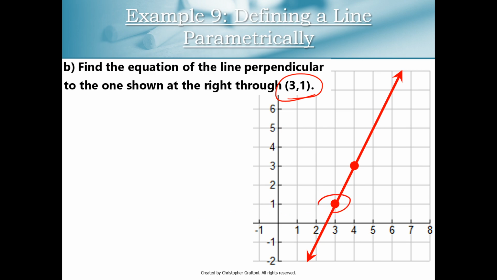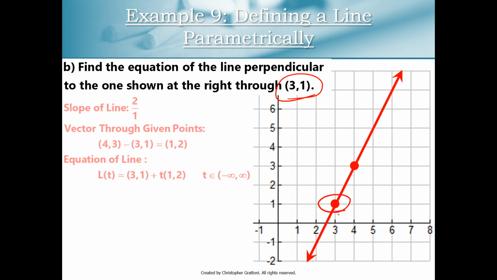So basically, I want my perpendicular line to go through the point that I just circled. The steps here are pretty straightforward, though. Find the slope vector for the given line, which is the same line as before, so it's still (1, 2). The equation for the line is the same as it was before.